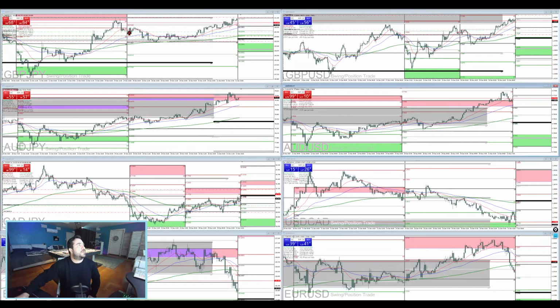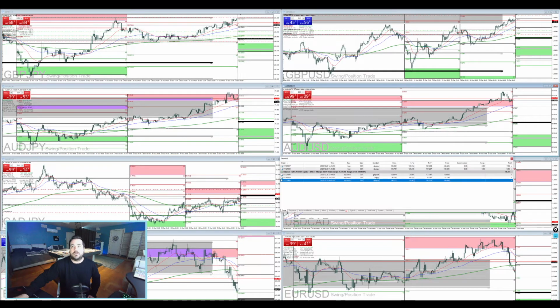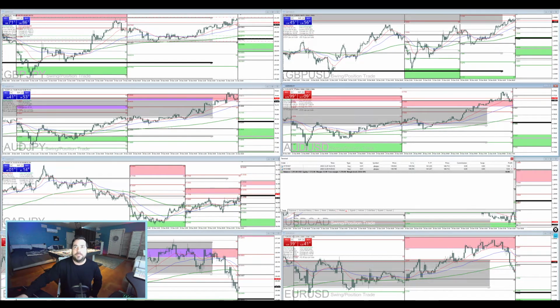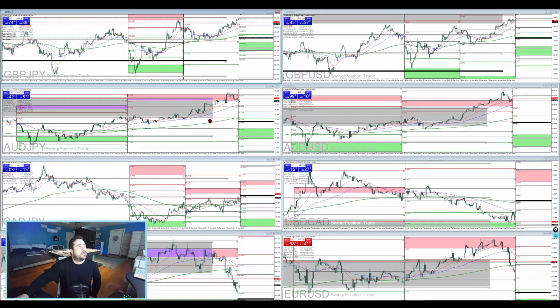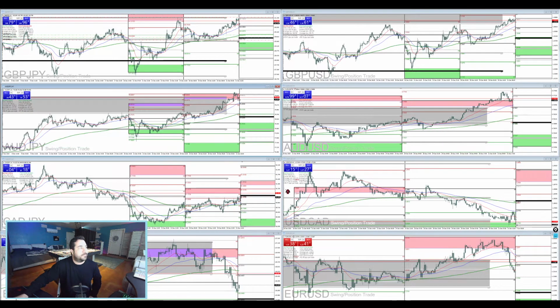And first off, I need to take off pending orders. Looks like we had the gap down on the pound. Okay, so this is not eligible. This one here, the Australian, is not eligible anymore. Oh, the Euro Yen spread is too big.